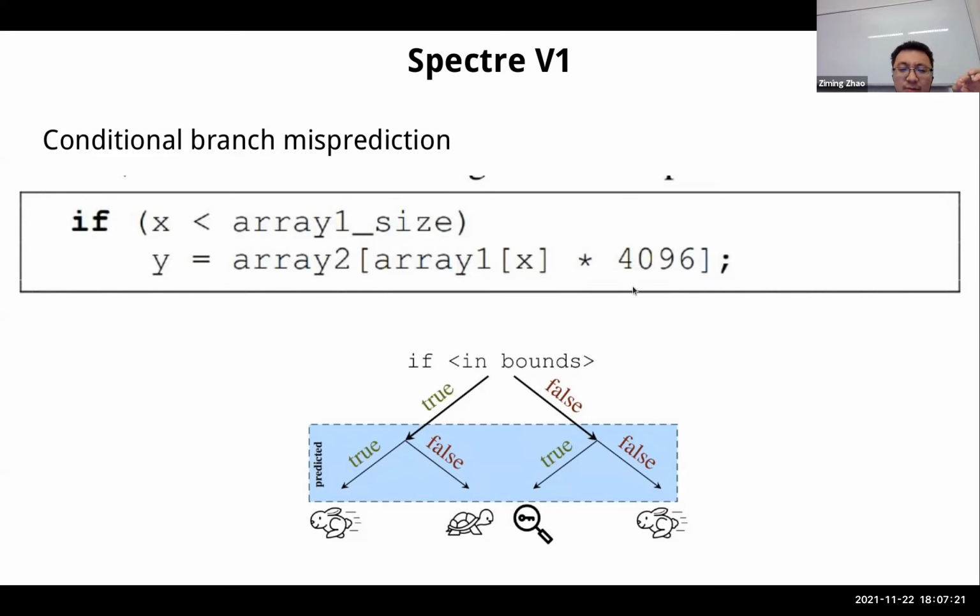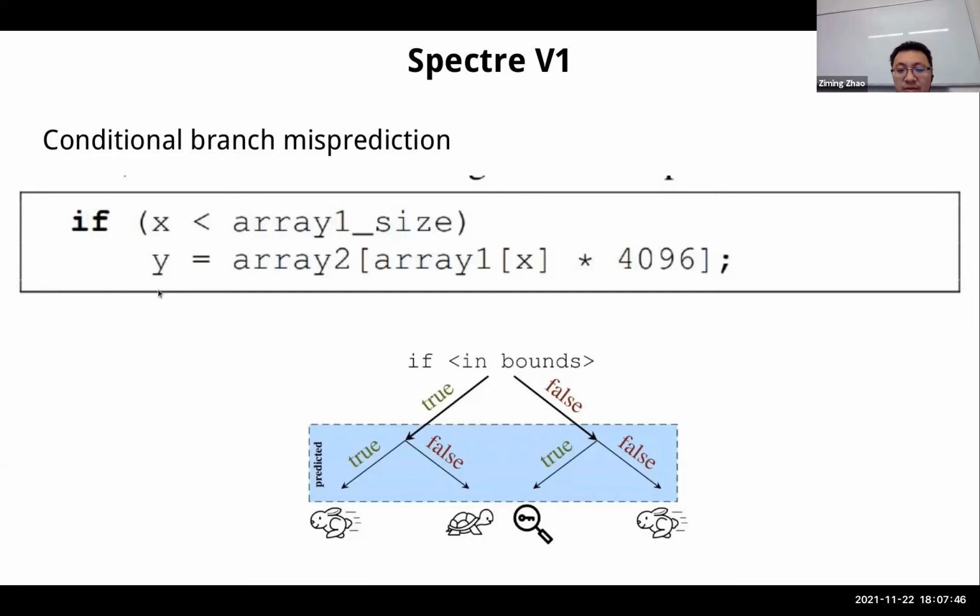So this is part of main memory. When this happens, what we studied in the cache side channel attack before is that the data at this memory location will be brought to cache, right? So when this instruction is executed, the data is brought into cache and also this variable.